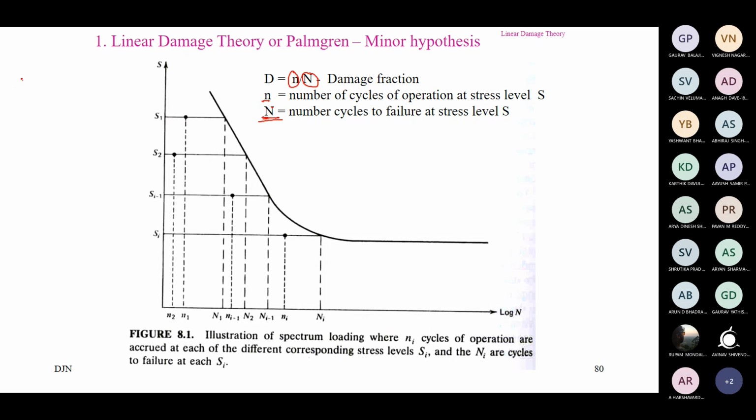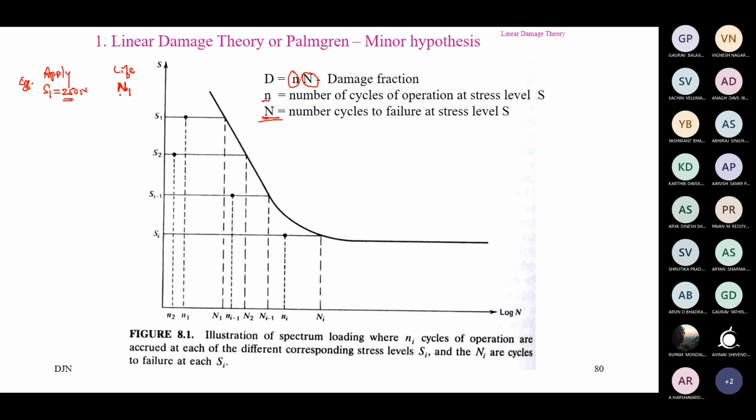For example, I'll write here in terms of values so that you can relate that. Example, if you apply load, let us say S1, maybe 250 Newton load you applied. How much life you are going to get? That becomes the N1. If you apply 250 Newton alone on the component till it fails, then how many number of cycles you can apply?